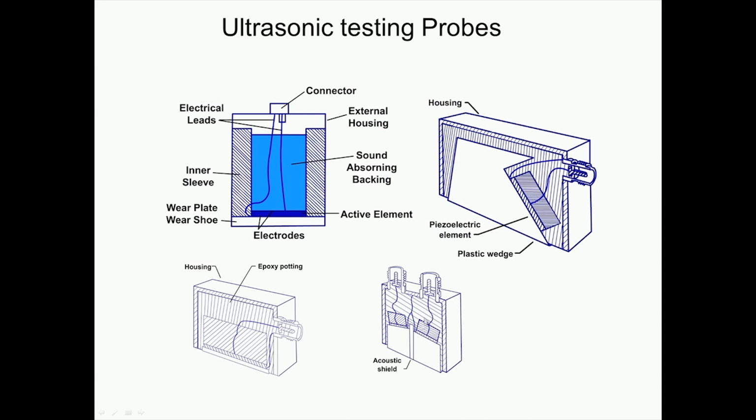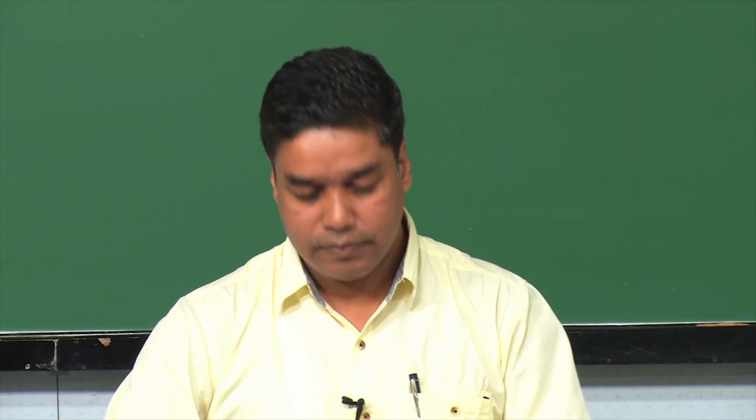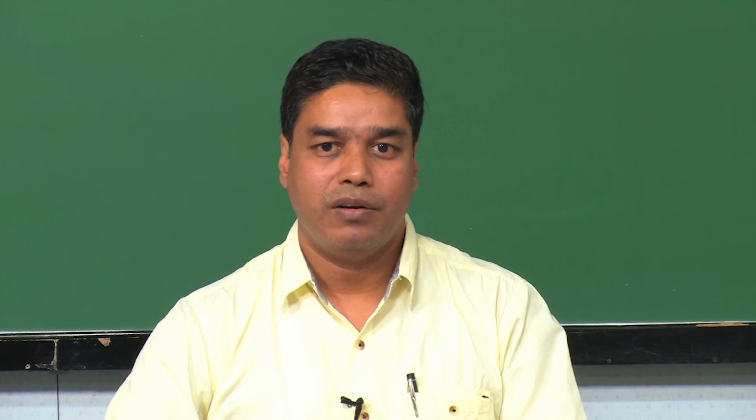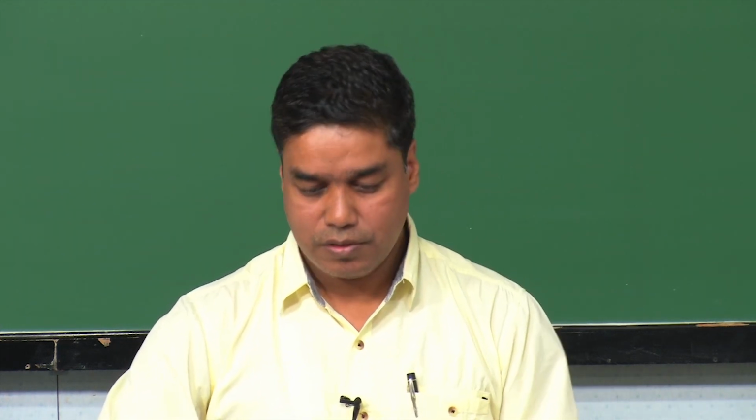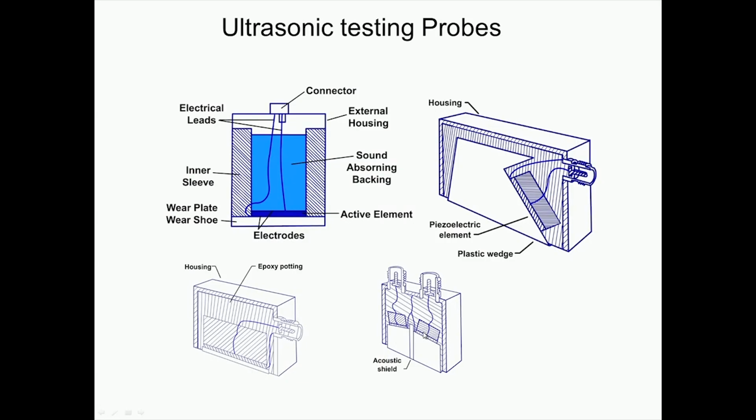These kinds of probes can be used when you do closed surface inspection, because in that case, since the reflector is very close to the surface or very close to the probe, the dead zone effects will be prominent. So, in order to avoid that, this kind of dual element probe can be used, wherein you have two separate elements, one for transmitting and another for receiving. So, this is what is being shown over here. Okay, so, that is how the construction is for these ultrasonic probes.